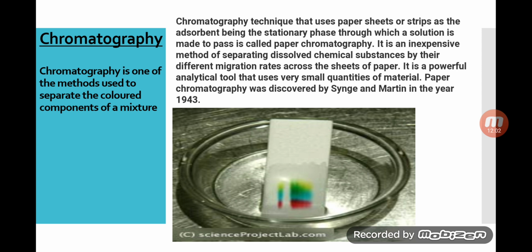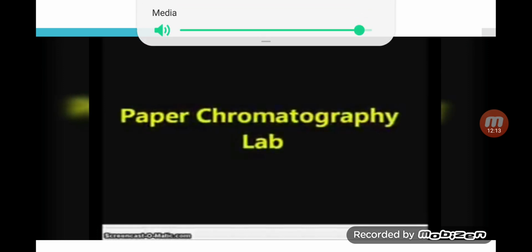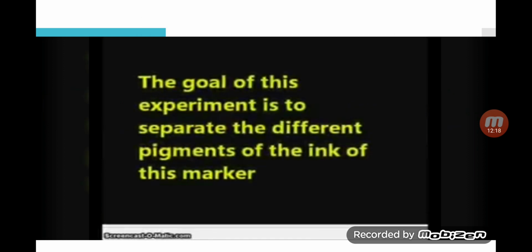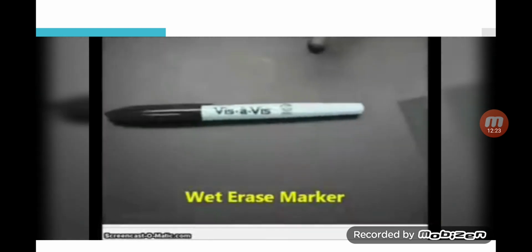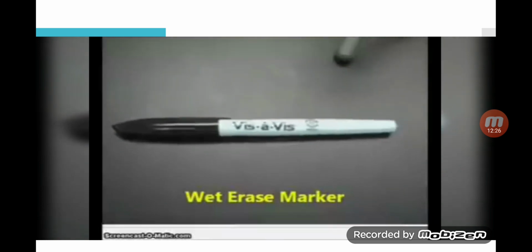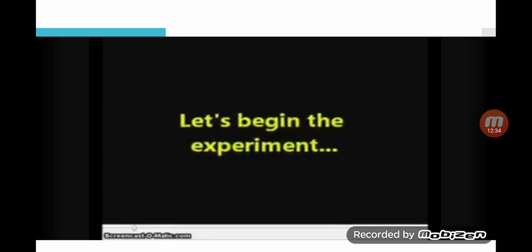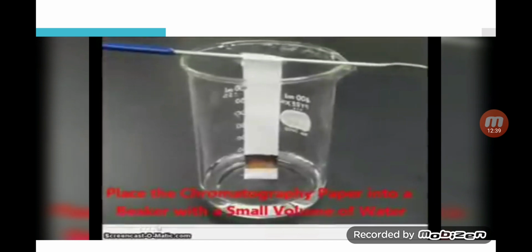I want to make you understand more clearly with the experiment. Let's see. This video shows an example. The goal of this experiment is to separate the different pigments of the ink of the marker. Yes, that is a black color marker. This is a chromatography strip paper. Mark with the black color and put that strip into the water.